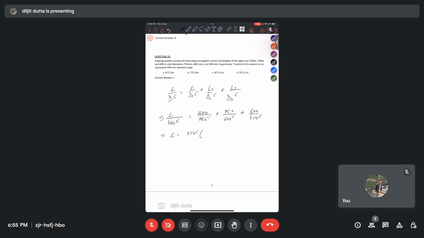So if we substitute these values, we will get L is equal to 71.2.